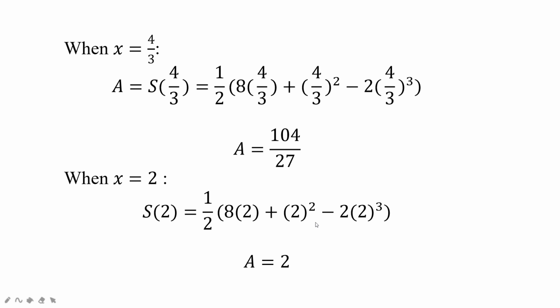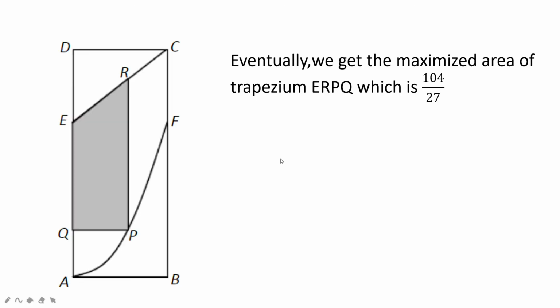So it is clear that the maximized area of the trapezium is A equals 104 divided by 27 when x equals 4/3. That means when QP equals 4/3, we get the maximized area.